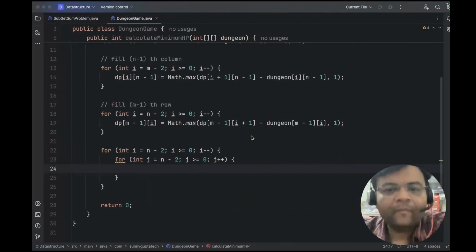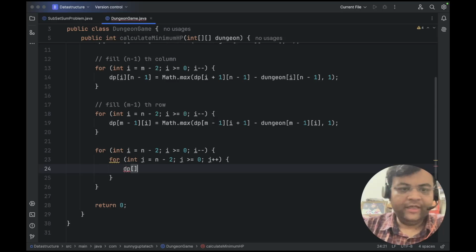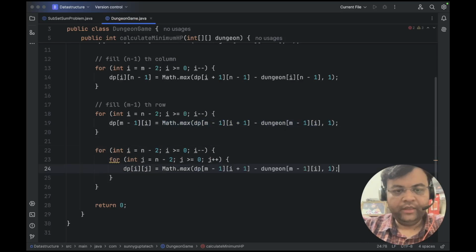Okay, let's see. Now I'll say dp of ij is equal to, again this will be our key, which is dp ij if I want to fill. So I should look at i plus 1, j, and I need to look at i, j plus 1.